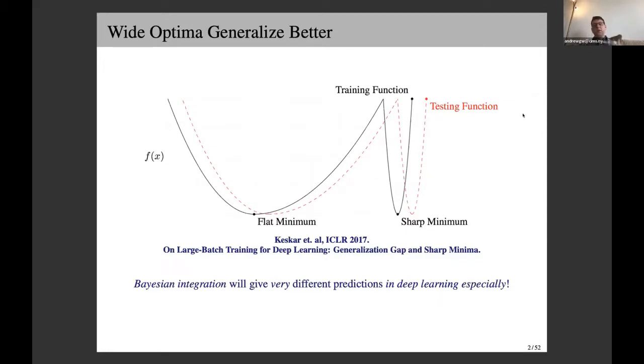And he was arguing that SGD would typically find flatter solutions than maybe full batch gradient descent or standard quasi-Newton methods. And because there's often a horizontal shift between the train loss surface here in black and the test loss surface here in red, the flat solutions will tend to be less affected by this shift than the sharp solutions.